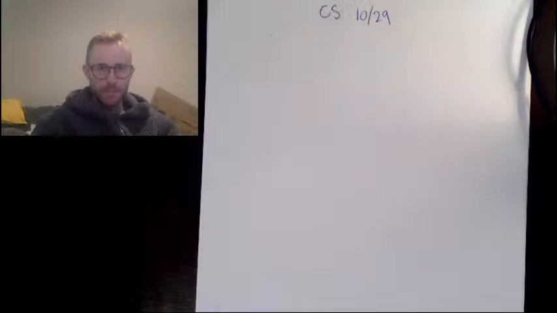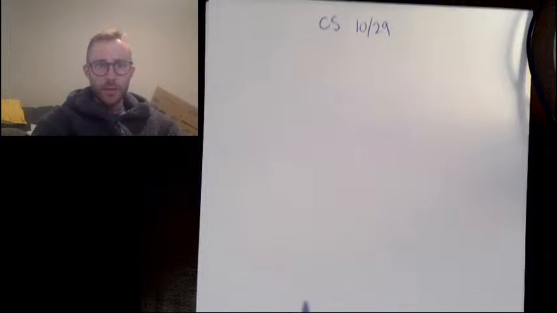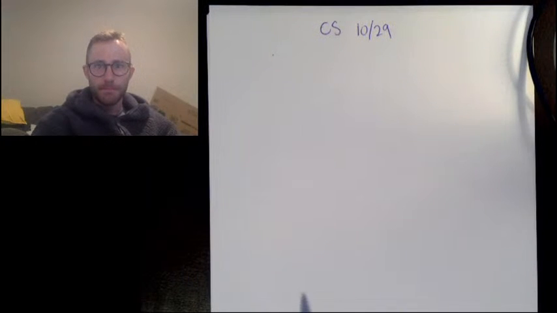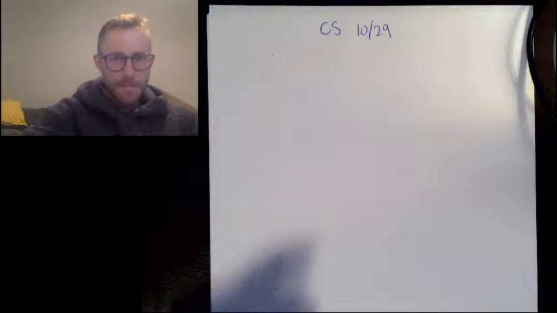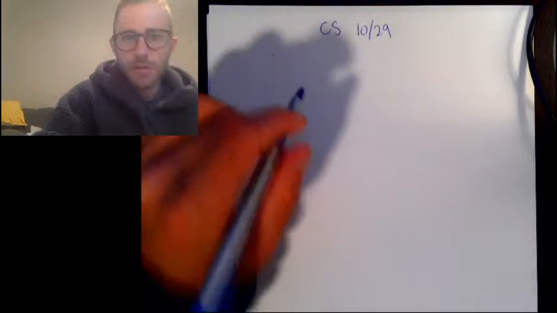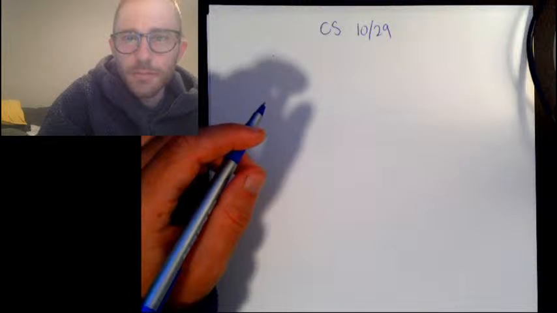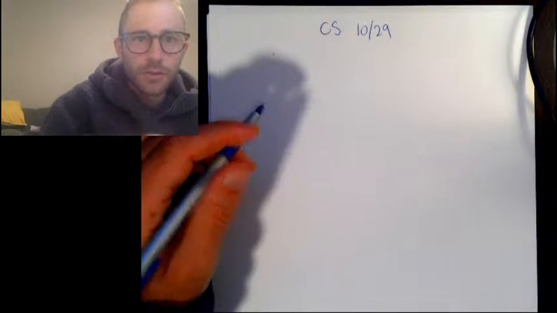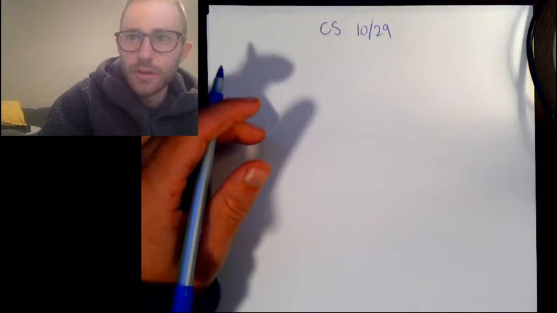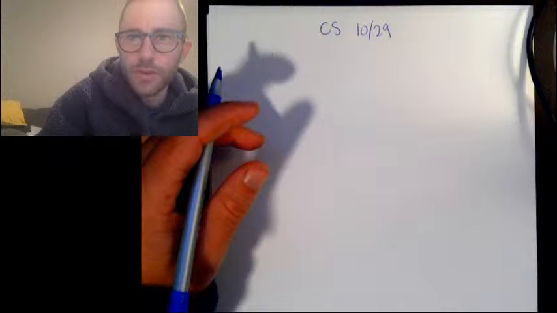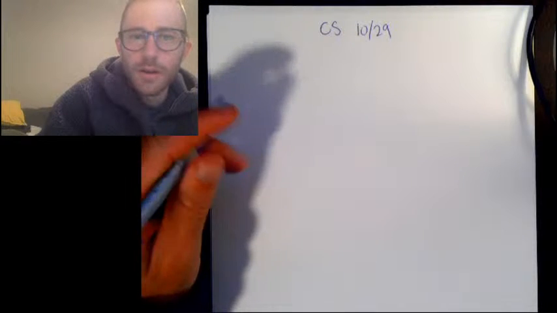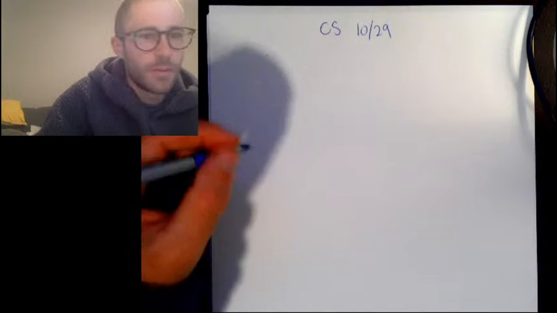Okay, so I think I'm going to go ahead and get started with the HL students today. So for the HL students, we are going to learn about something called merge sort.